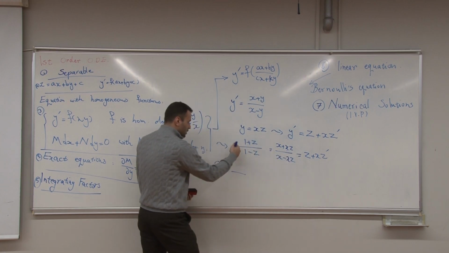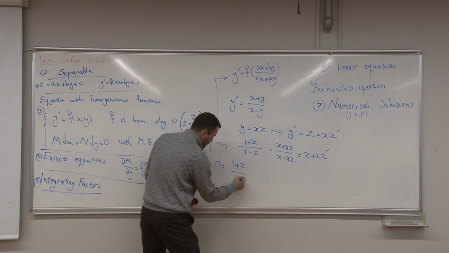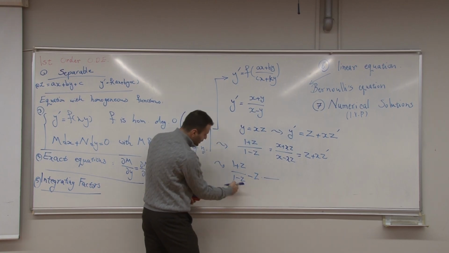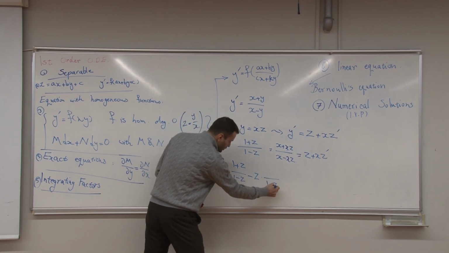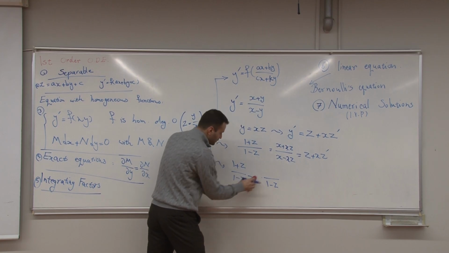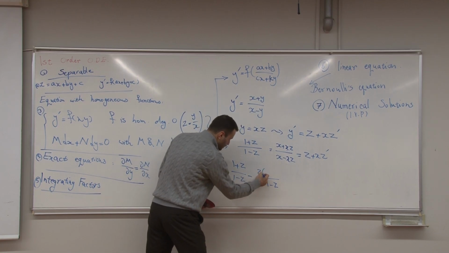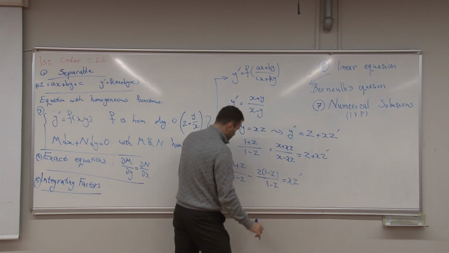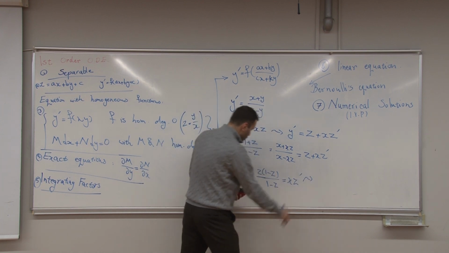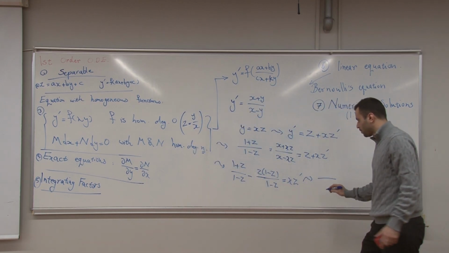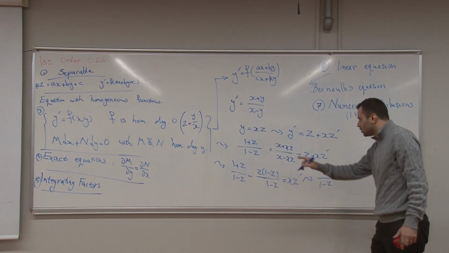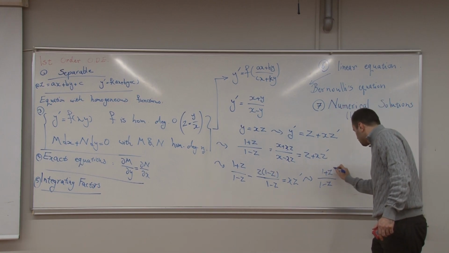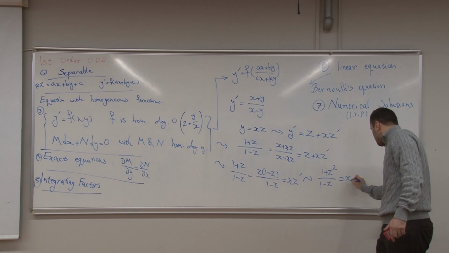So this one I need to bring minus z, and this minus z, since I need some common denominator, I just write it as equal to x z prime. Then what am I going to get? 1 minus z plus z minus z squared plus z, is equal to x z prime.